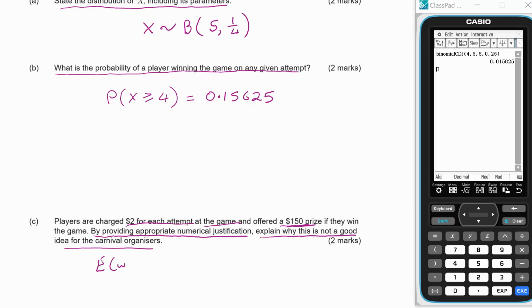Well, the expected win would be 0.15625, that's the probability of winning, times the amount for winning. So that's going to be the last answer multiplied by 150, and that is $2.34.